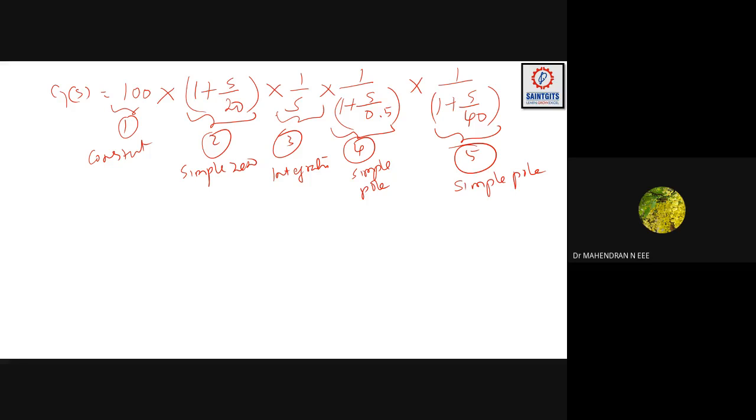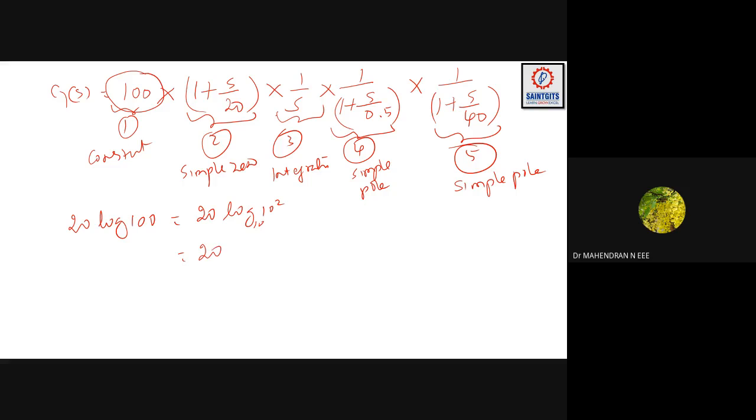Now we can start the Bode magnitude plot. Before getting into it, take the constant and convert it into dB. Take 20 log of 100, which equals 20 log of 10 squared, with log to base 10.